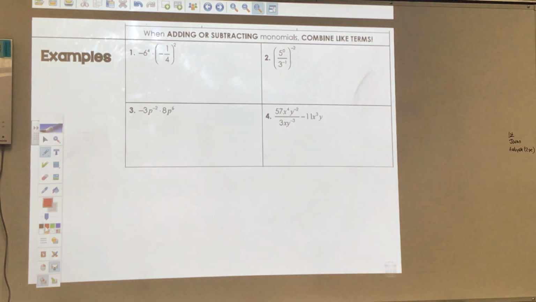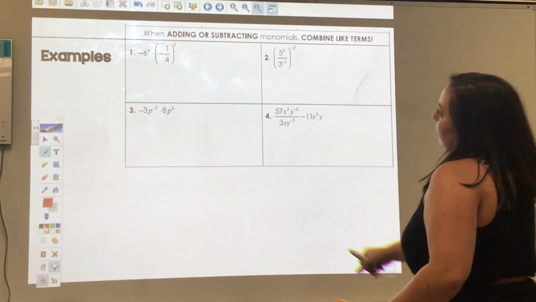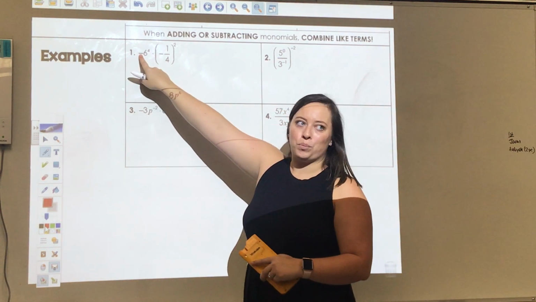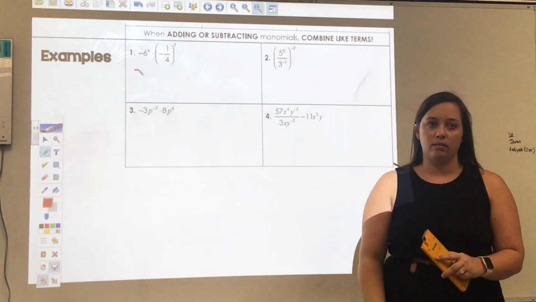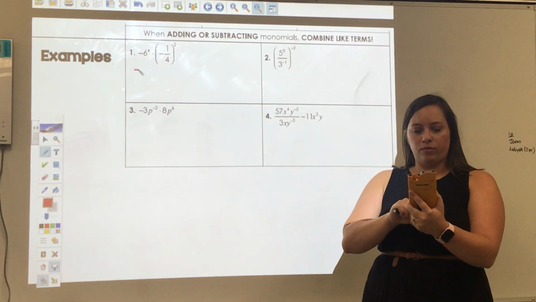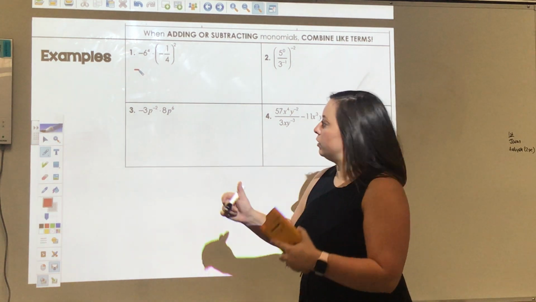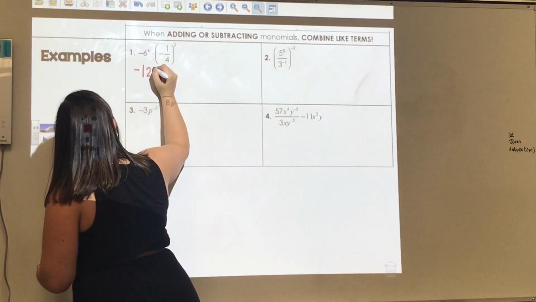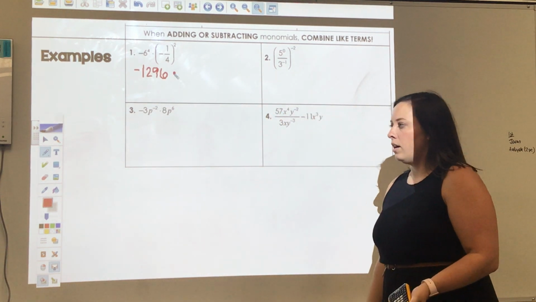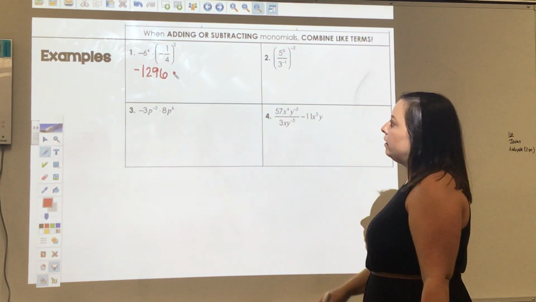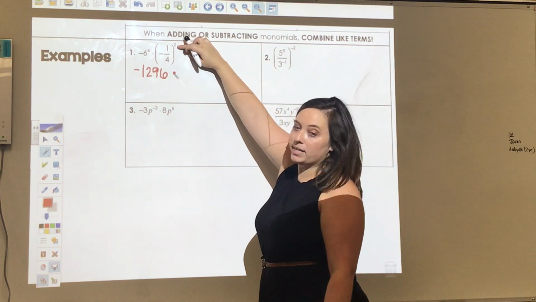Let me go get mine real quick. Okay. Notice that here the negative is not inside the parentheses, so the negative is just going to go straight down. That negative is still going to be on the outside. So we got 6 raised to the 4th power, literally just typed it right in, and it gives me 1,296. All right? And it's being multiplied to negative 1/4 raised to the 2nd power.